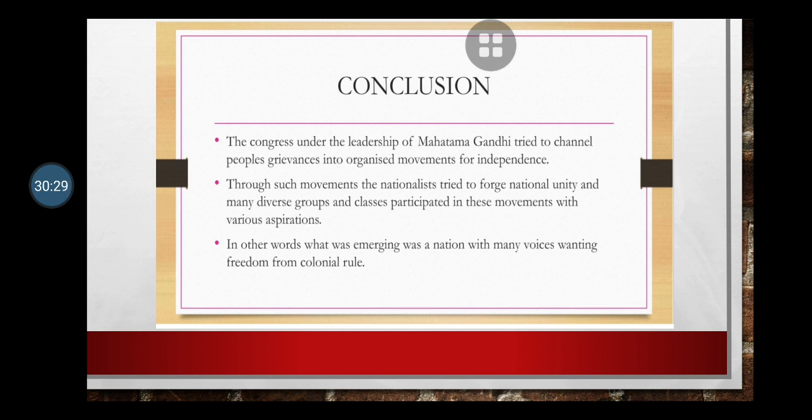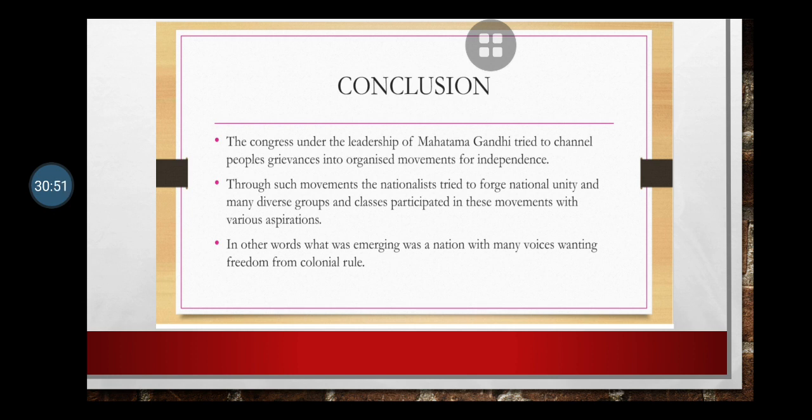So for that reason, they decided to stay away from this civil disobedience movement. They demanded a separate electorate. Separate electorate means only the people of that particular caste will vote for their own caste people. Like Dalits would vote for Dalits. Are you getting my point?